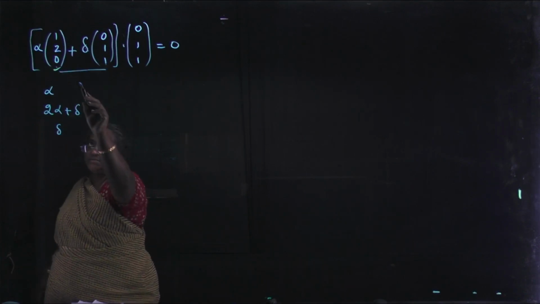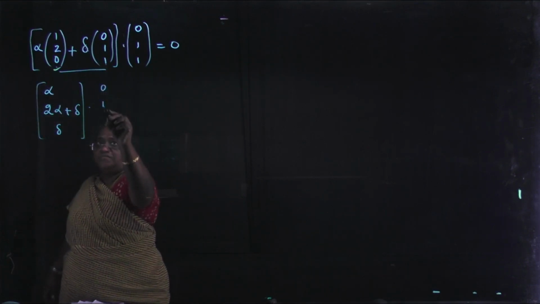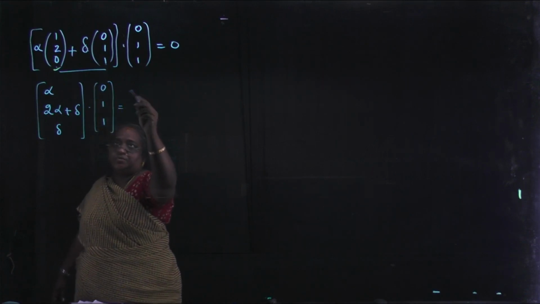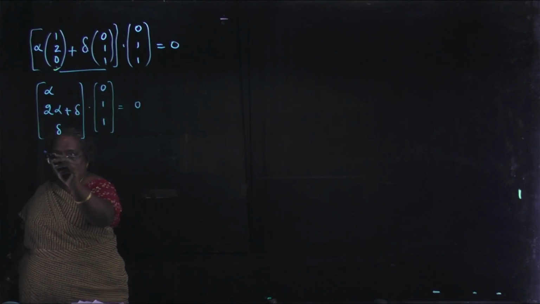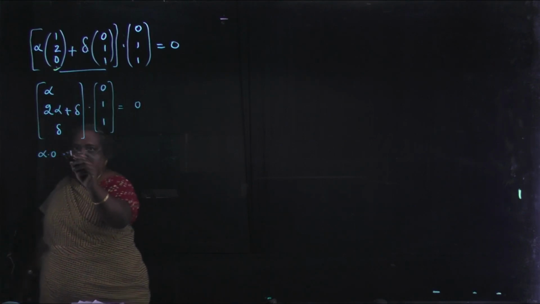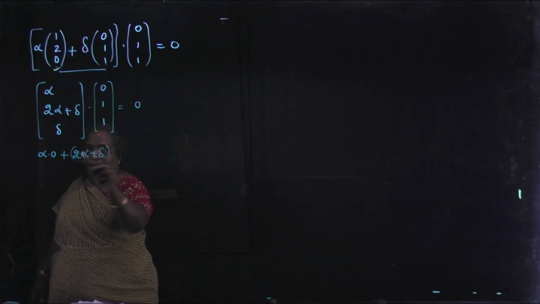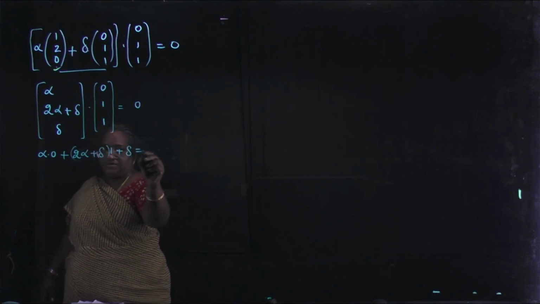If I take the dot product with 0, 1, 1, it should be equal to 0. Alpha into 0 is 0. I am writing 2 alpha plus delta into 1, plus delta into 1 is equal to 0.